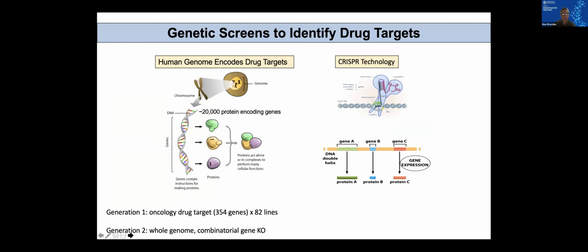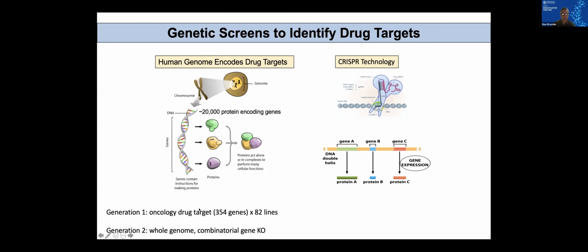Just to go into our progress with the CRISPR genetic screens, I'm sure everyone's aware of how CRISPR works, gene knockout technology, and we're using it in the pooled screening platform. Our first generation screens, which are nearing completion, we should have about 100 cell lines completed in the next few months.